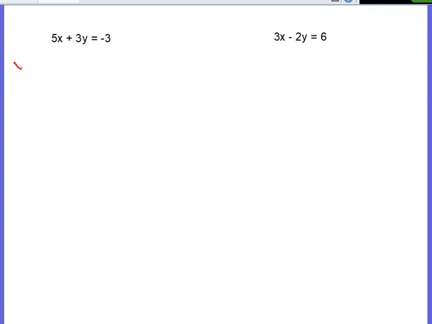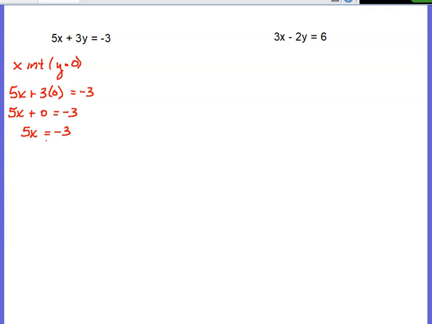Okay, my x-intercept. For your x-intercept, y is equal to 0. If it helps you to write that, then write it. 5x plus 3 times 0 equals negative 3. So that's 5x plus 0 equals negative 3. So 5x is equal to negative 3.